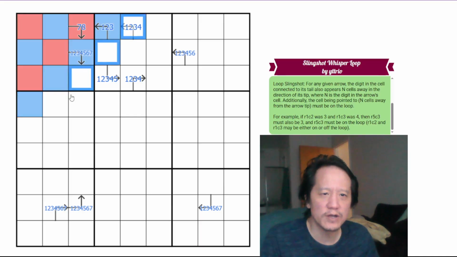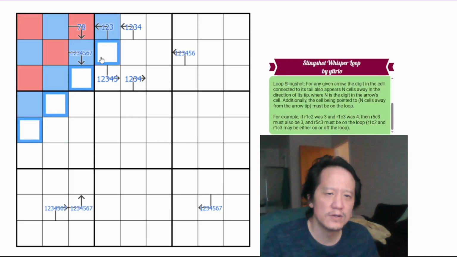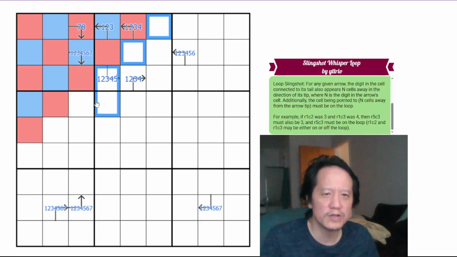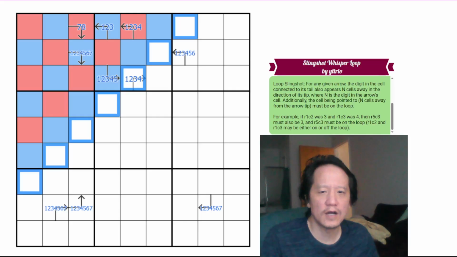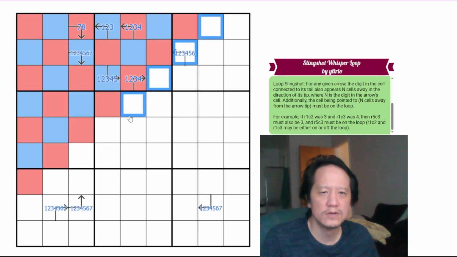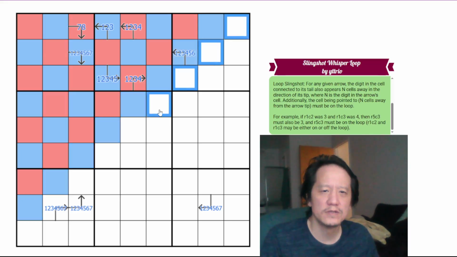These would have to be high. These would have to be low. These are high. These must be low. These have to be high.